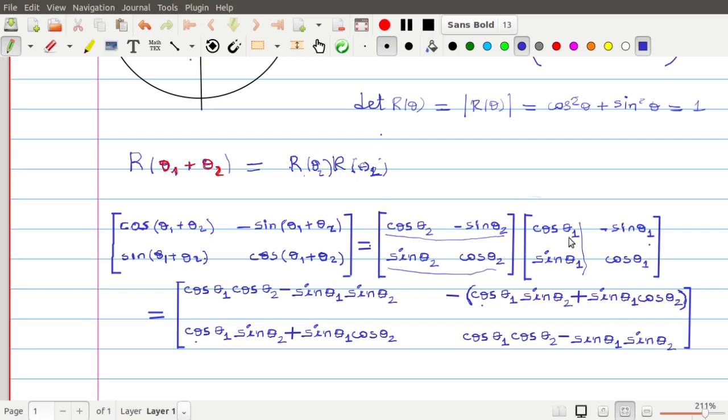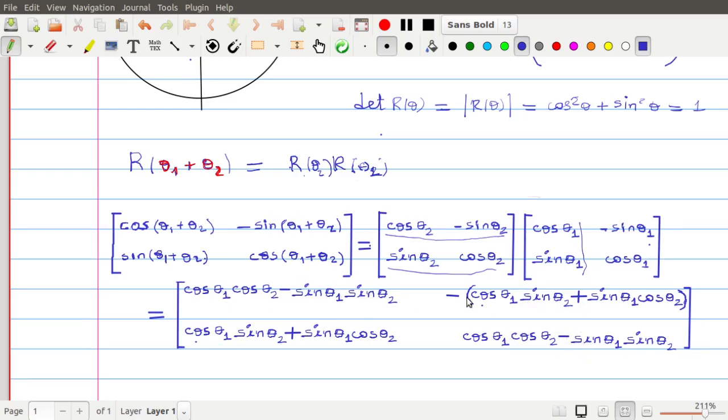And then we have the negative sine theta 2 cosine theta 1, which is this one. So we have negative, which you can factor. Cosine theta 1 is this one and sine theta 2 is that one. We just rearrange. And for the last entry, it will be exactly similar to the first one.